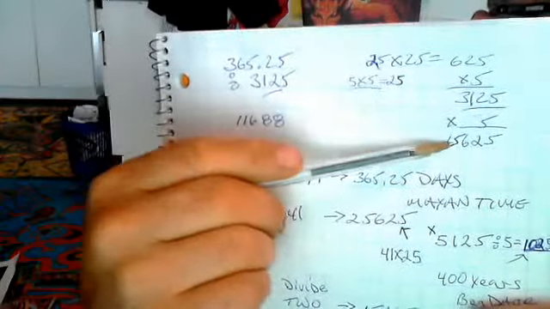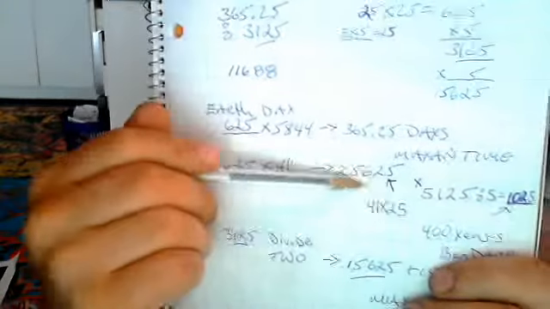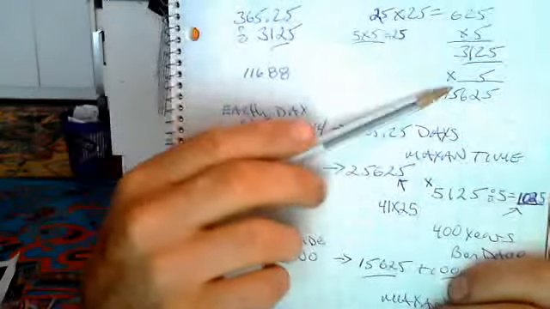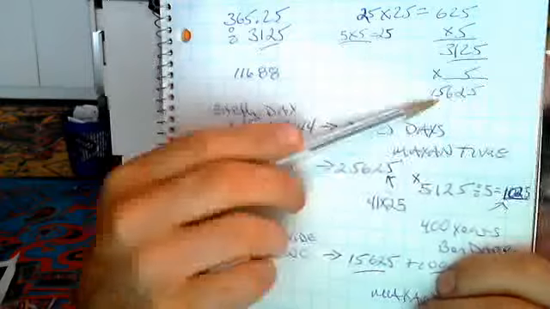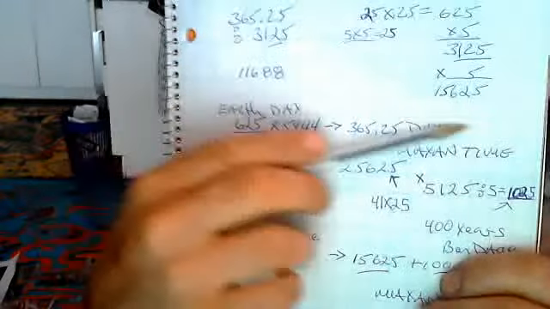6, 6, and 7. What we're going to take as this, 15, 625, minus the Mayan time of 25, 625. It leaves us an even scale, 10,000, to add on to this to make 25, 625. 10,000, 10 o'clock.